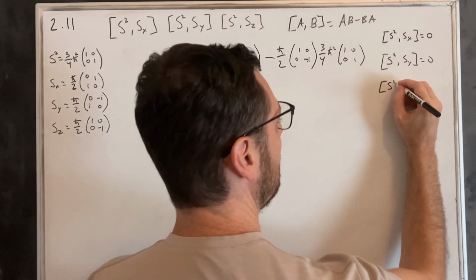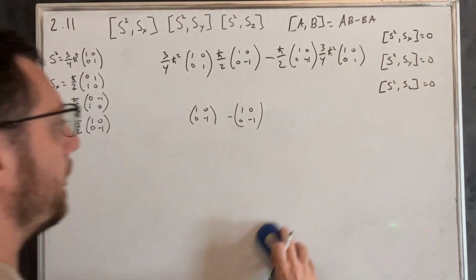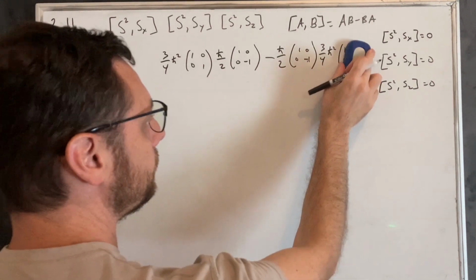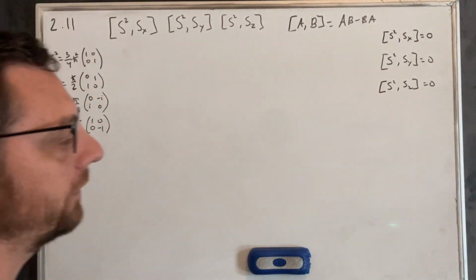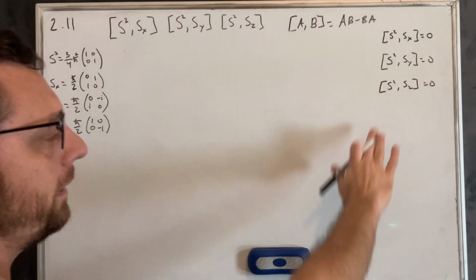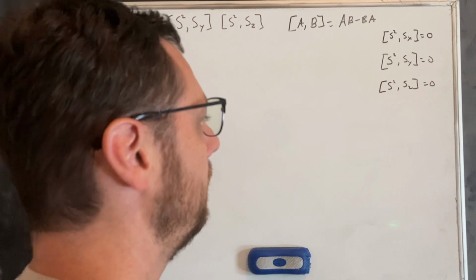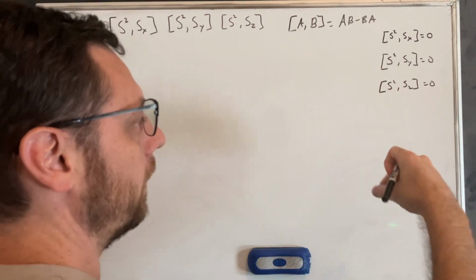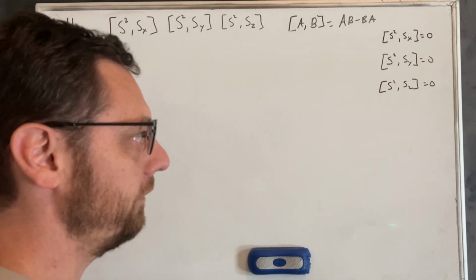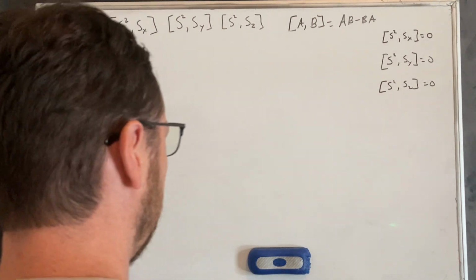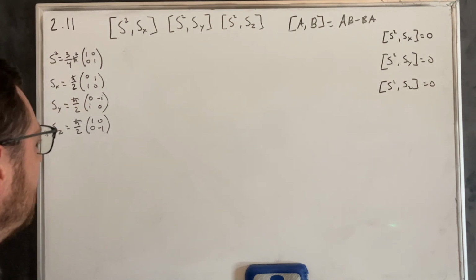So S squared Sz equals 0. All right, so they all commute, which makes sense because the S squared operator is really just telling us that it's a spin 1/2 system. So we can know that it's a spin 1/2 system, and we can know the measurement of spin in the z direction at the same time.